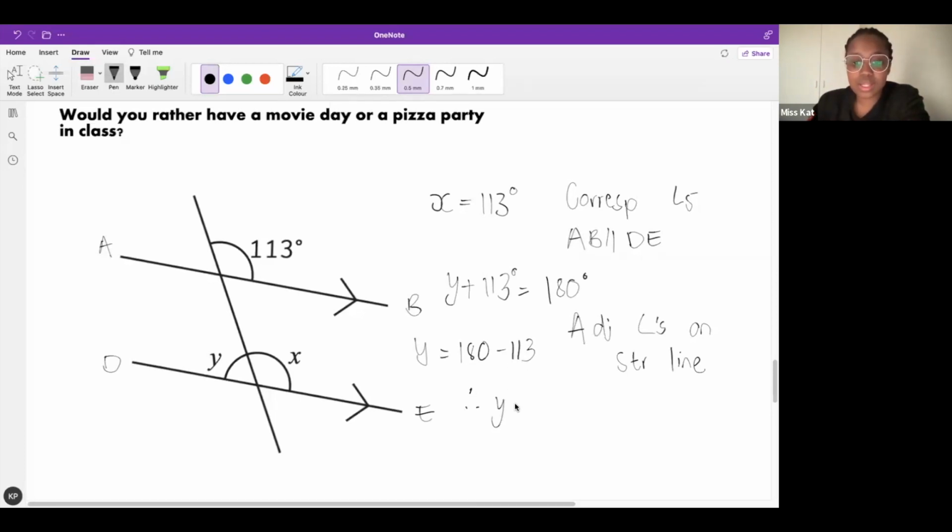That means y, thank you very much, Taylor, is 67 degrees. Yes, adjacent angles on a straight line. Okay. Give me a few seconds to write this, but take screenshots if you can, please, because I'm not going to give you too much time.